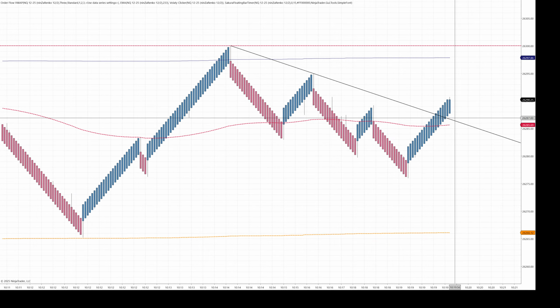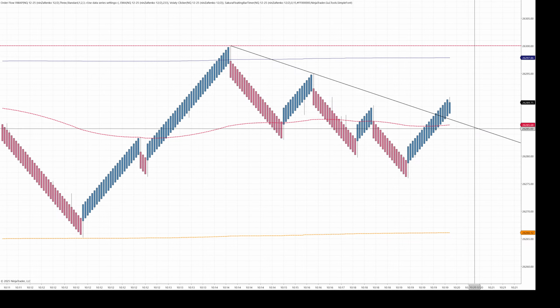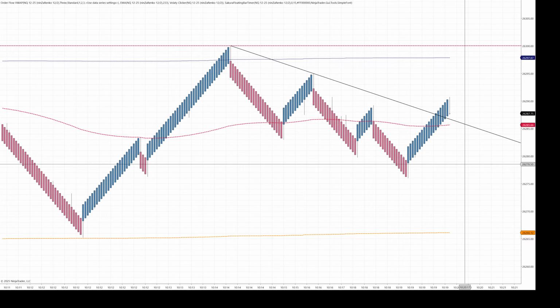Okay, now I'm looking for a retest of T-line to come down and then we bounce back up.